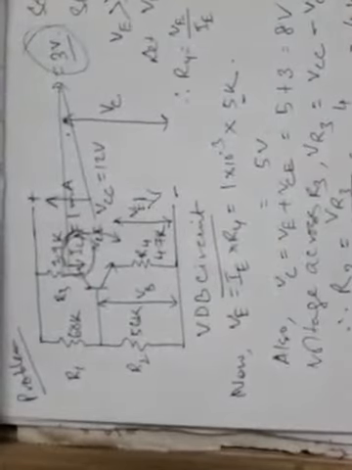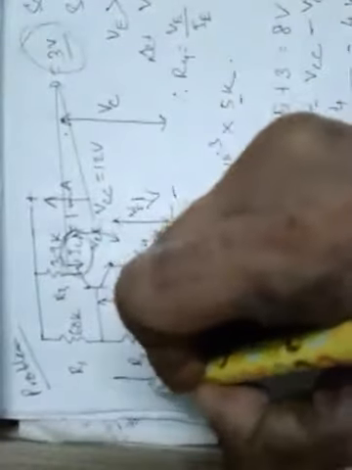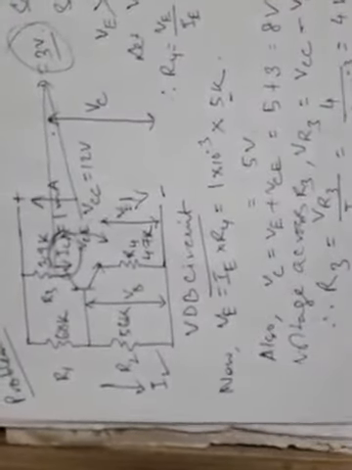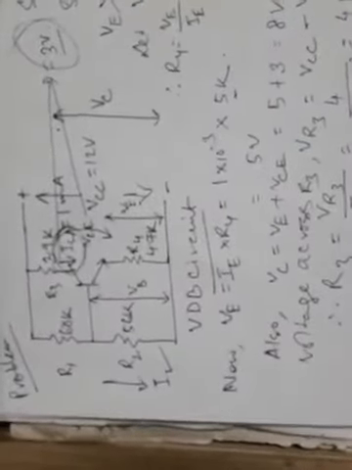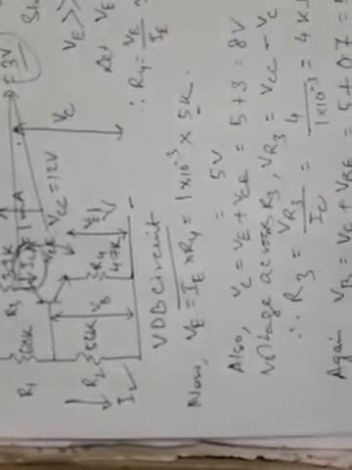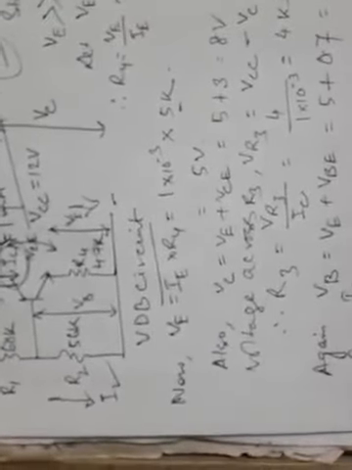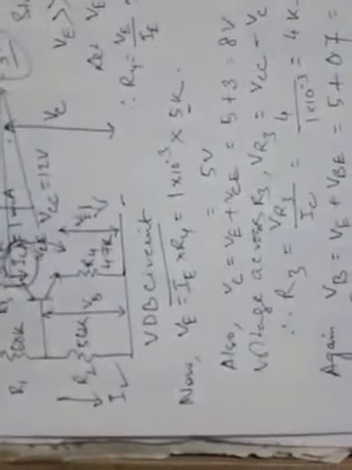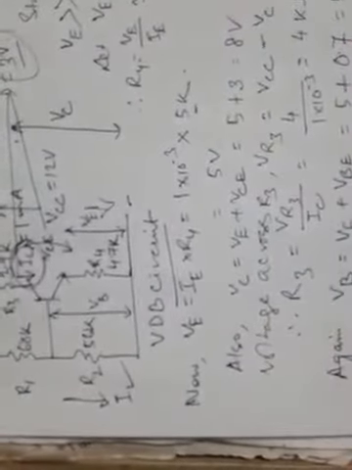And now if we mark the two currents, suppose the current flowing through R2 is I2. So we can find the value of I2, and as per the condition of a voltage divider bias circuit, I2 should be 1/10 of IC, to maintain high input resistance of the BJT as well as to ensure a stable Q point.